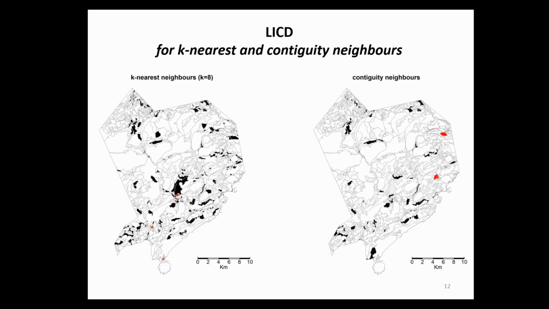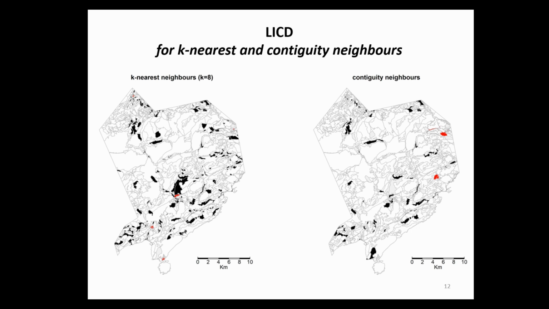As you can see, for k nearest neighbor, as we expected, the number of autocorrelated polygons is much higher because the number of neighbors is much higher and is consistent across the study area. And the number of outliers is pretty much the same and is very low, as we expected. Whereas for contiguity neighbors, the number of autocorrelated data is fairly low.